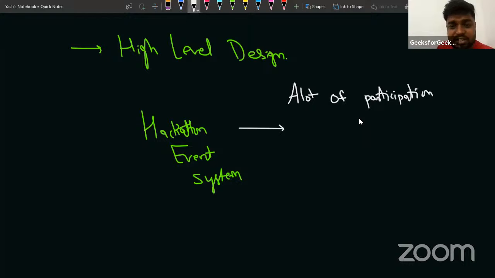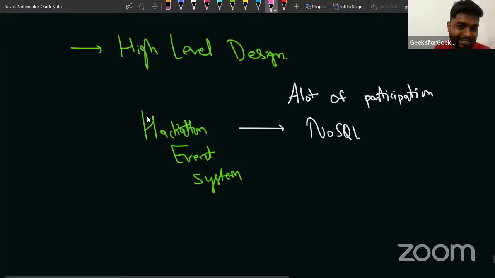If there is a lot of participation in the hackathons, then I might have to use a NoSQL database. How will I keep the server up and running? Whether I want to use a certain kind of tech stack, what is the drawback of using a certain kind of tech stack, and all those things. These kinds of problem statements come under the category of high level design.